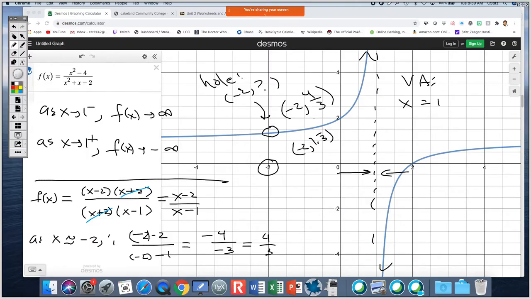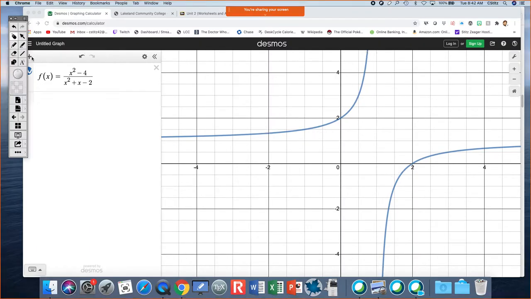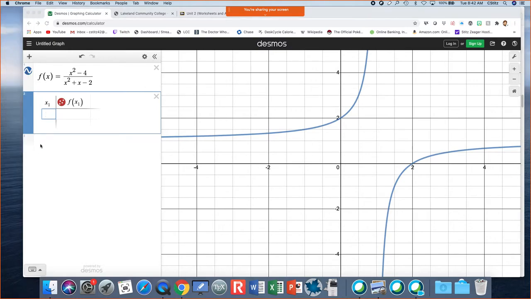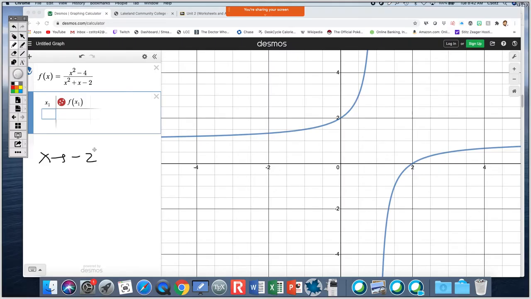All right, so let's make a little table here to check what's going on near -2, to see if the 4/3 tracks. We're going to write f of x there, and we need to look at -2 from the left and coming into -2 from the right. As x comes into -2 from the left, remember we're thinking about x being -2 minus a little bit.